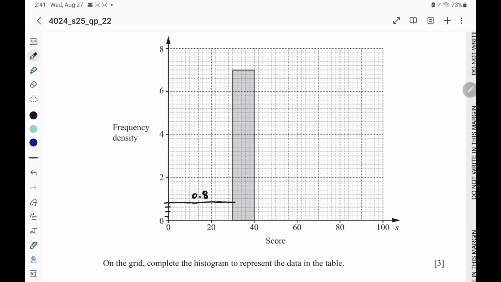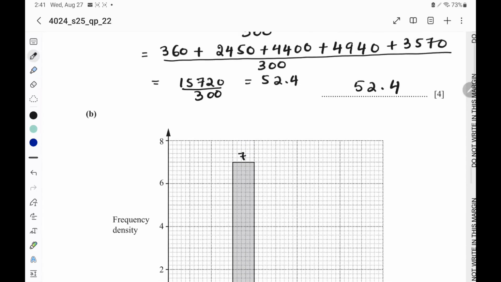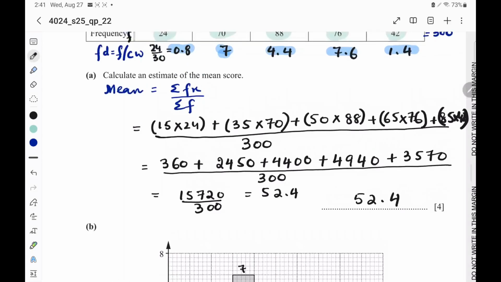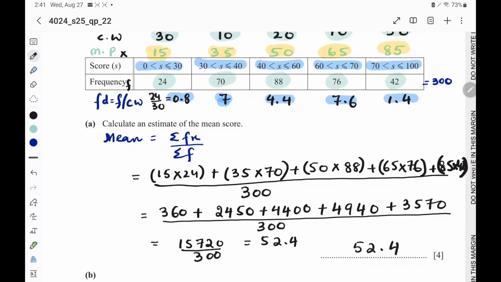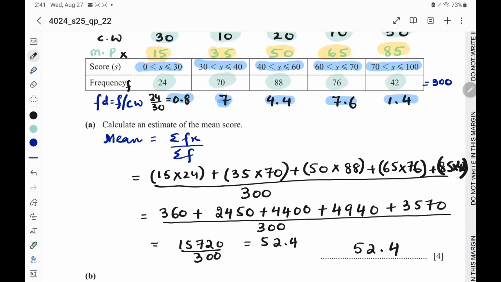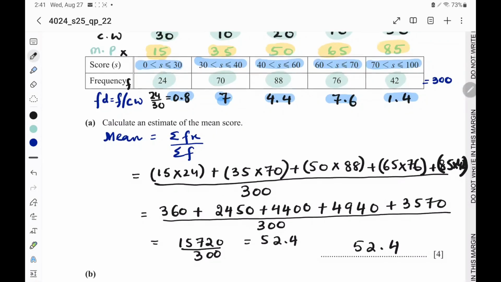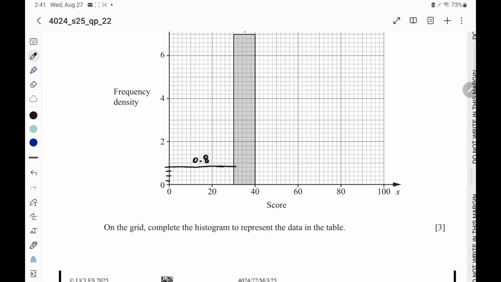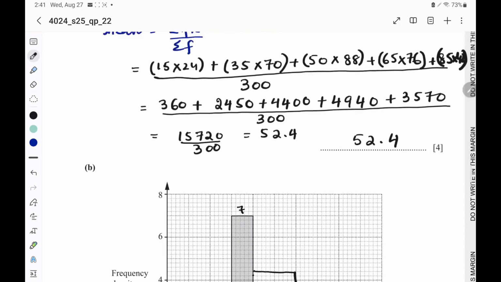The 7 is already drawn. I'm just writing it down; you don't need to, but it helps you understand and remember. The 30 to 40 is already drawn at 7. 40 to 60 is reaching 4.4: 4.2, 4.4. This is your line. Take your ruler and draw.